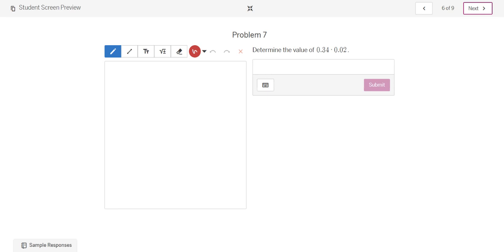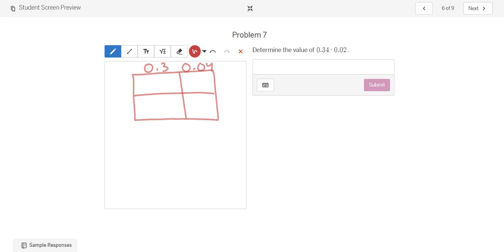Okay, so this one's really weird as a box. I've got 0.34, 34 hundredths. So I'm going to break that one up into 0.3 and 0.04. But then my 200ths, I'm going to have a 0 and then a 0.02. So this is 0, this is 0, because anything times 0 is 0. But then I've got 2 times 3 is 6. That is true, but I've got 1, 2, 3, 1, 2, 3.